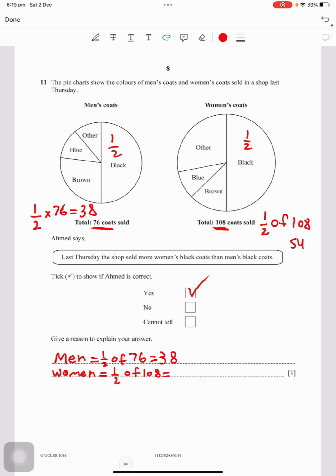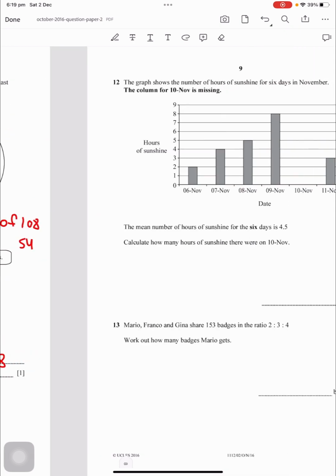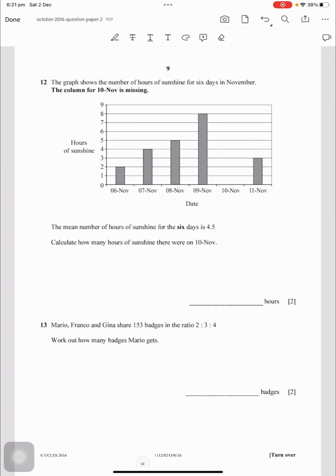And that is equal to 54. So here, as you can see, 54 is greater than 38. Okay, so that is our answer. Let's move on.